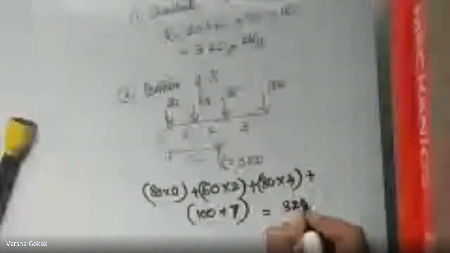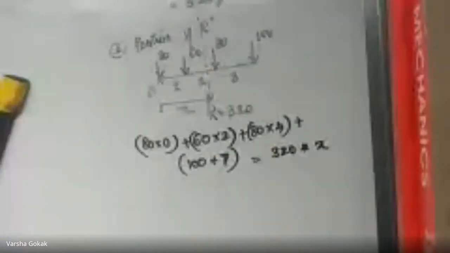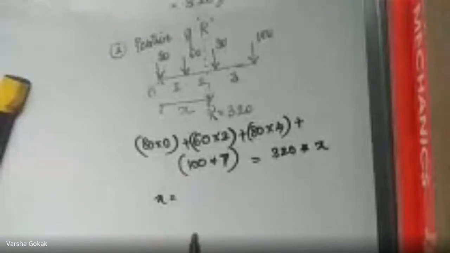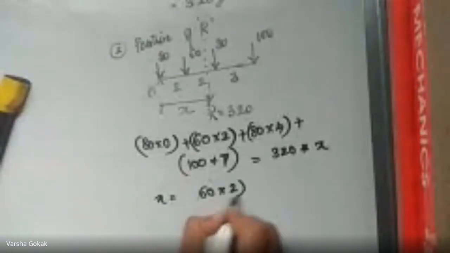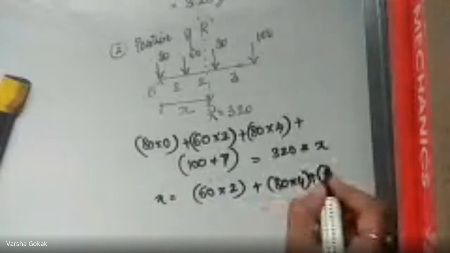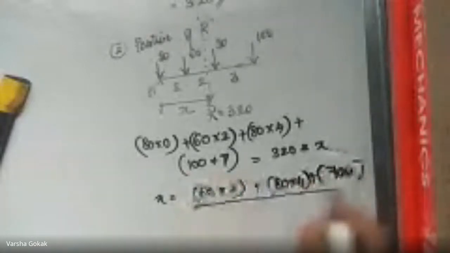I took the moment of all these forces at point O, which will be equal to the moment of the resultant R into X. That is 320 into X. Get the value of X. X would be equal to 80 into 0 would be 0 only, 60 into 2 plus 80 into 4 plus 100 into 7, divided by 320. Get me the value of X, please.